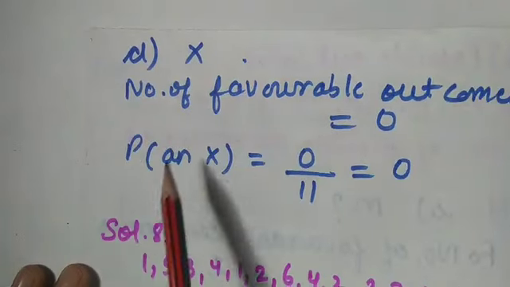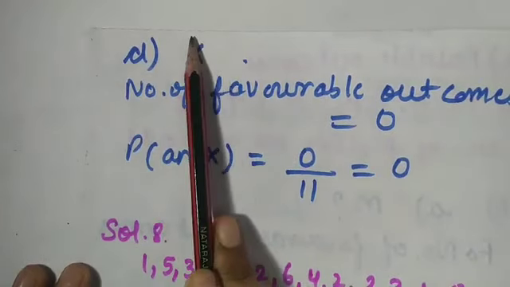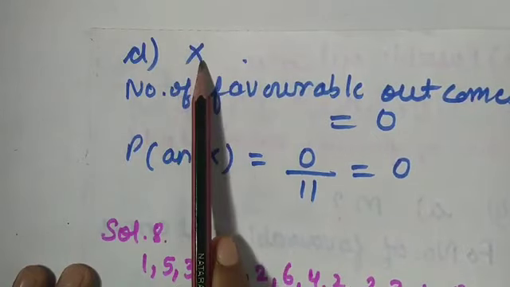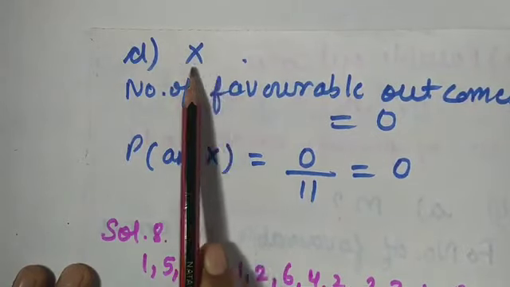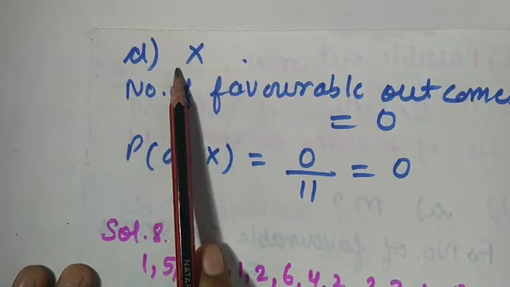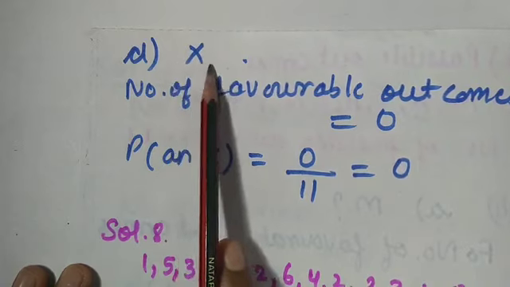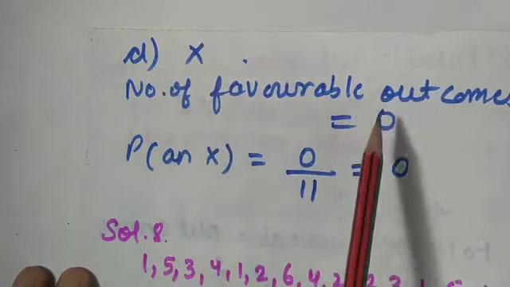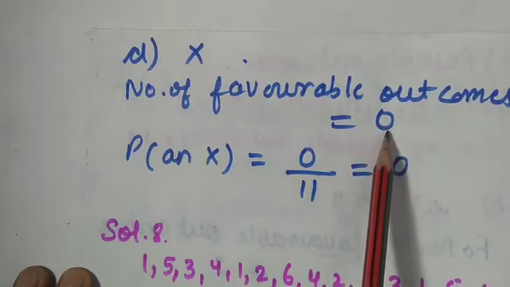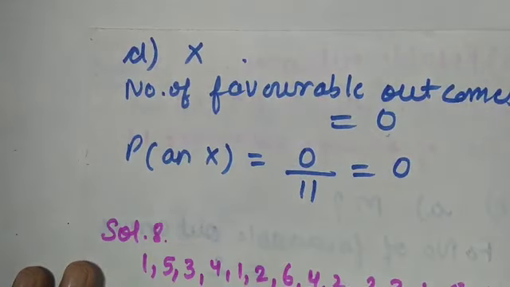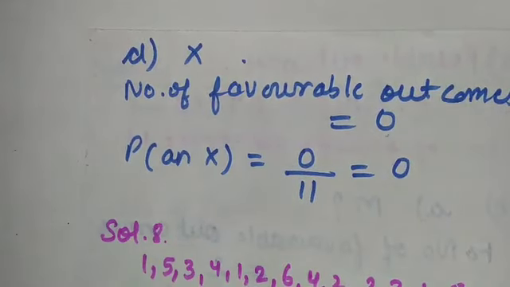Now come to part D, we have to find the probability of the letter X. So here in mathematics there is no alphabet X. So the number of favorable outcomes is equal to 0 because there is no X in the word mathematics.